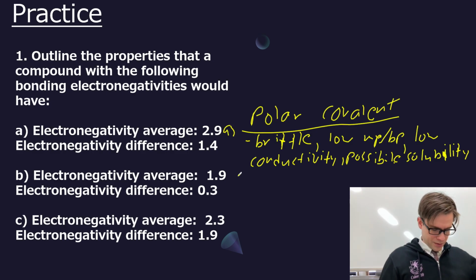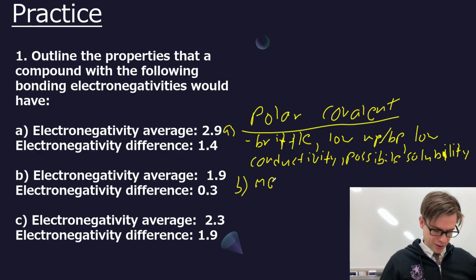Okay, B then, electronegativity average 1.9, difference 0.3. This is going to be metallic character with covalent.